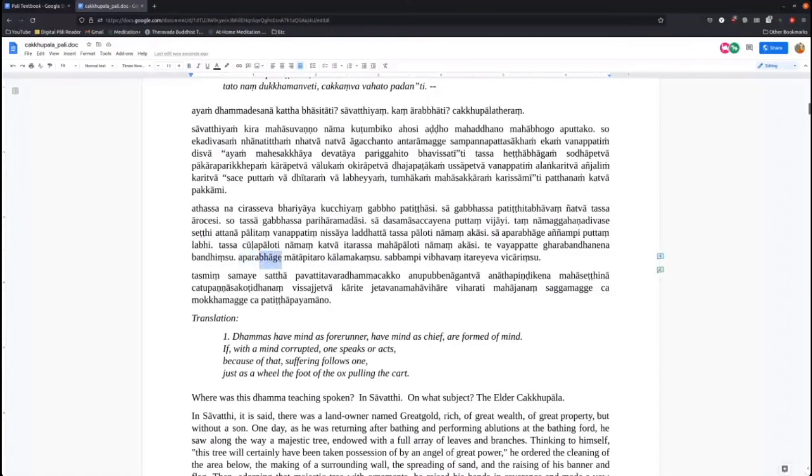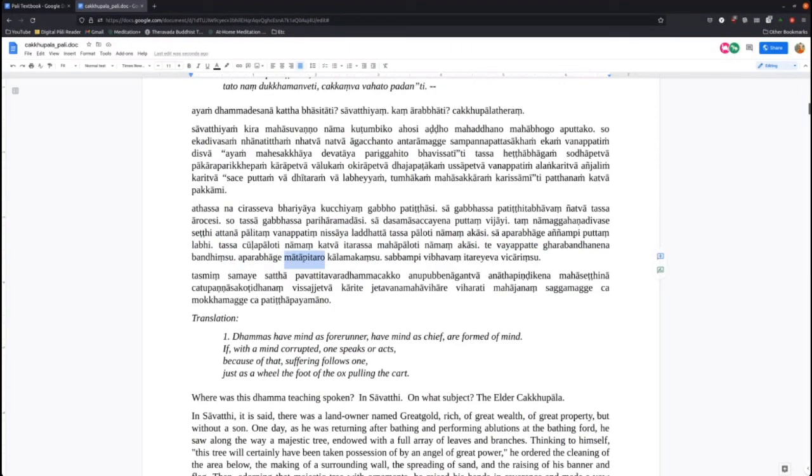Bhaga means portion. Aparabhage means after another certain amount of time. A certain amount of time after that. So after what they were just talking about, sometime after that.